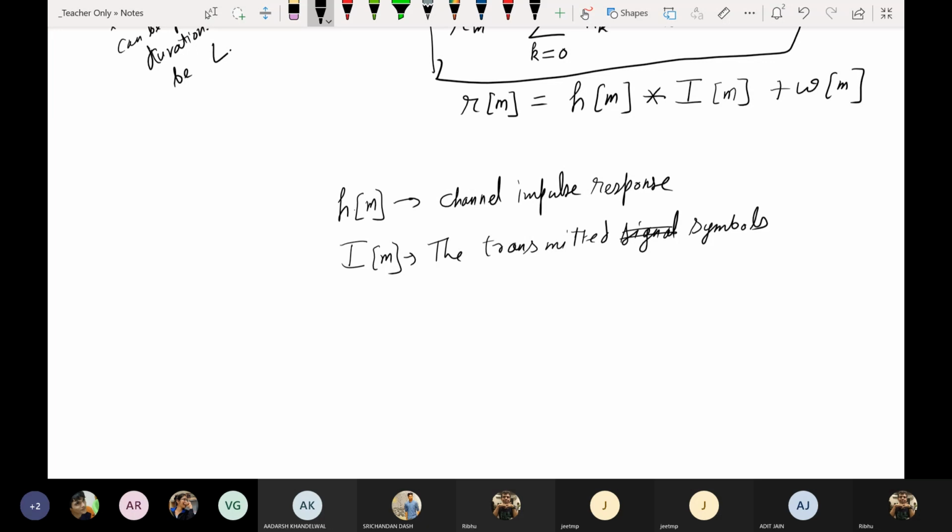Also, this part, or starting today, I'm not following any book for this course. This is what I know. So I'll provide you the handwritten notes once the syllabus is complete or once this part is complete.